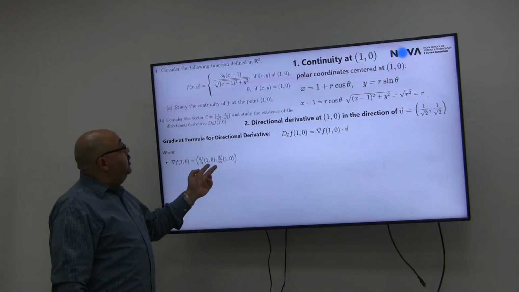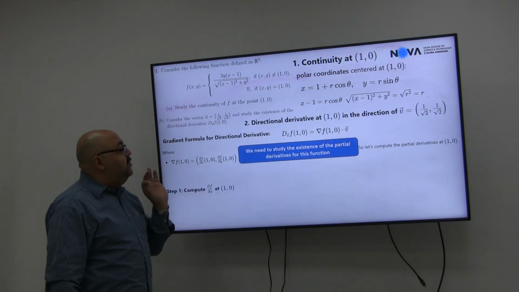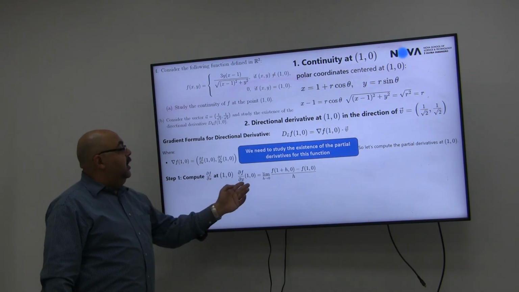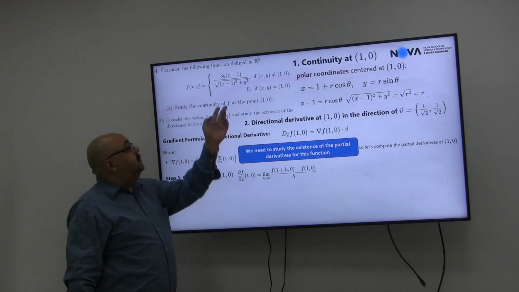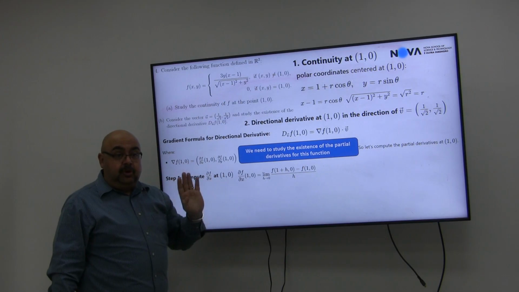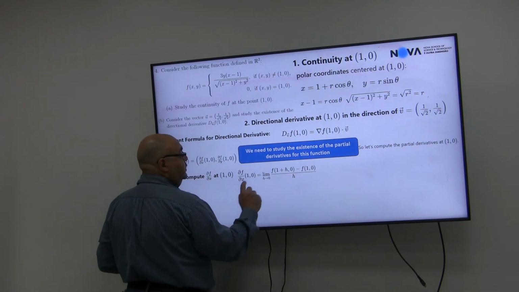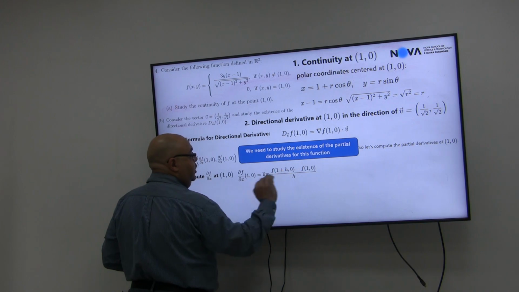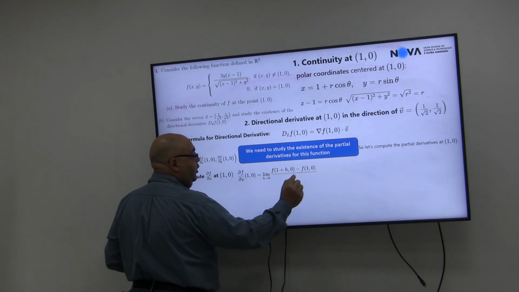To get the partial derivatives, in this case, I will need to use the partial derivative by limits, because it's a piecewise function. It's not the function in all the domain. If you remember, partial f partial x is the limit of f at 1 plus h in the x direction and 0, minus f at 1 and 0, over h.